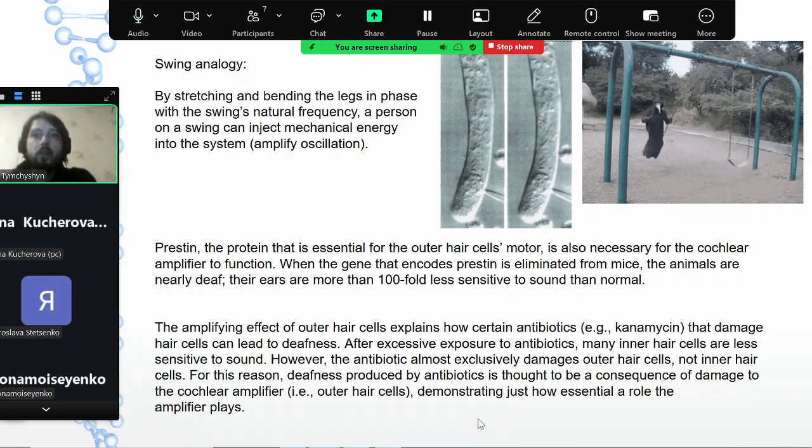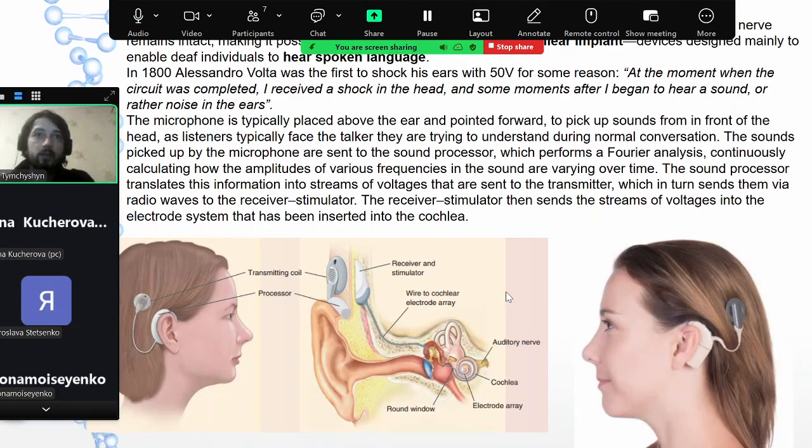So it is thought that deafness produced by antibiotics is a consequence of damage to the cochlear amplifier. That of course shows us how essential that amplifier is to us.